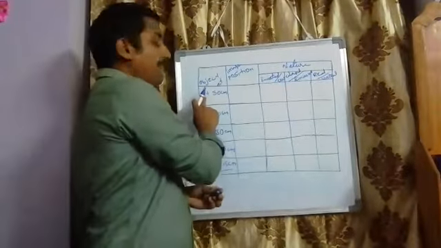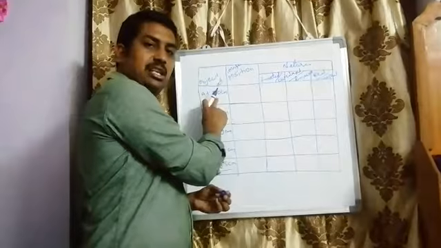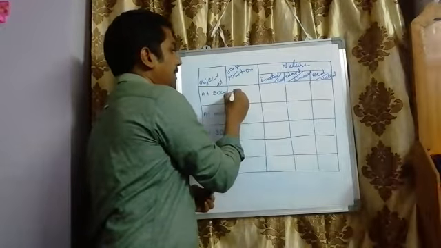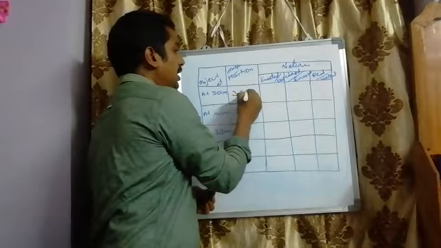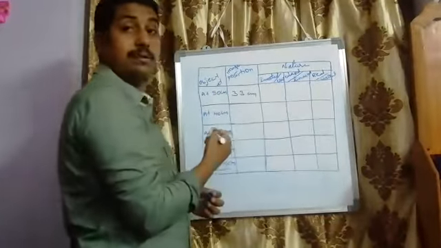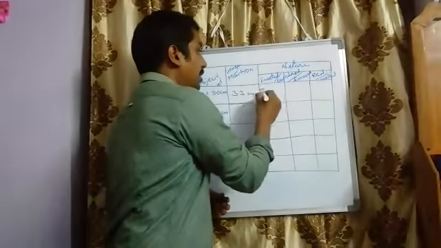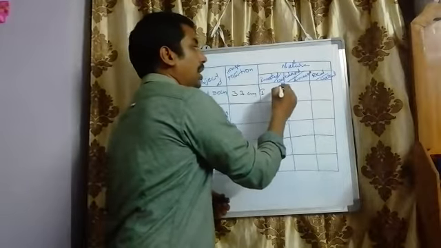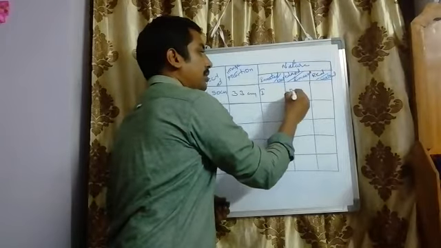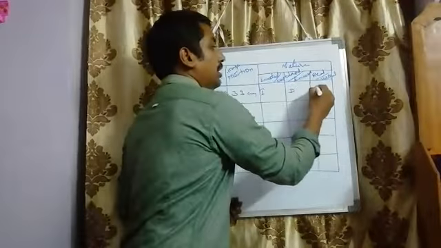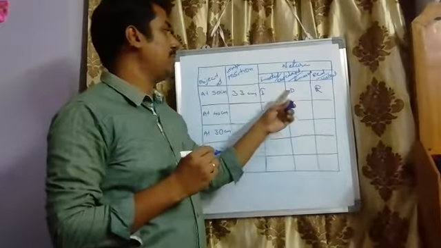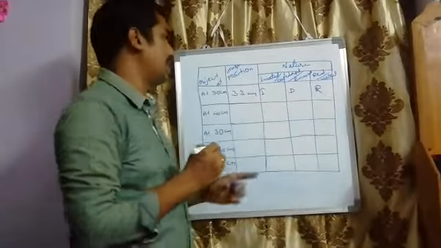We first placed object at 50 centimeters and image is formed at approximately 33 centimeters. And what is the nature of image? It was inverted, diminished and real image.